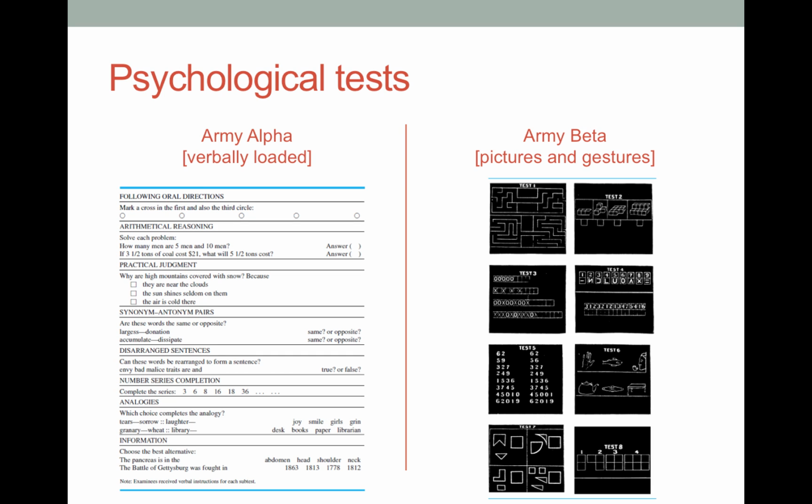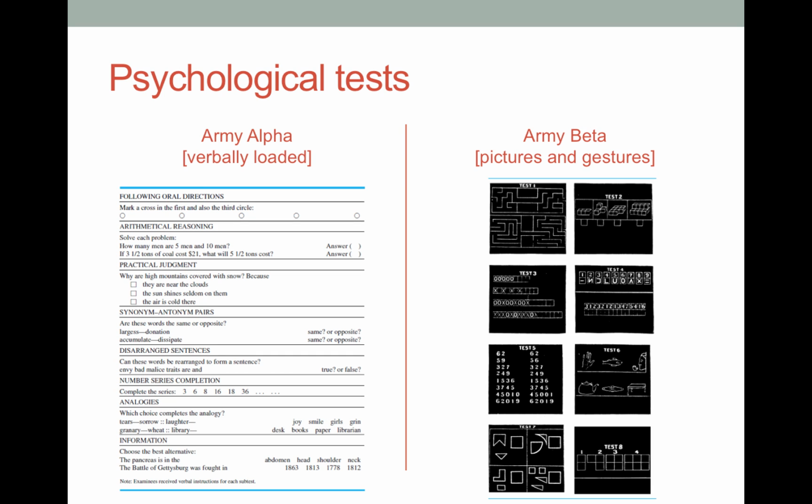The Army Alpha test consisted of 8 tests, or subtests, which were verbally loaded for average and high-functioning recruits. Examples of the Army Alpha test are shown here. The Army Beta tests use largely pictorial and gestural methods.